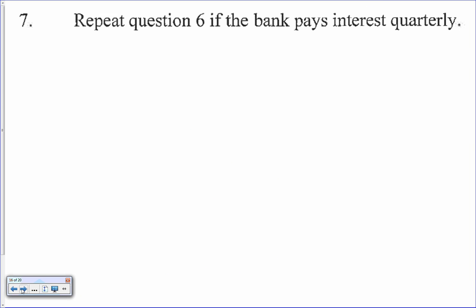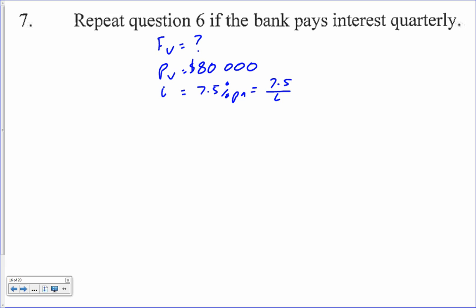Repeat question 6 if the bank pays interest quarterly. So again, we want to work out our future value. So the present value equals 80,000. Now, our interest, 7.5% per annum. So we're going to bring 7.5 divided by 4 because there's 4 quarters per year.